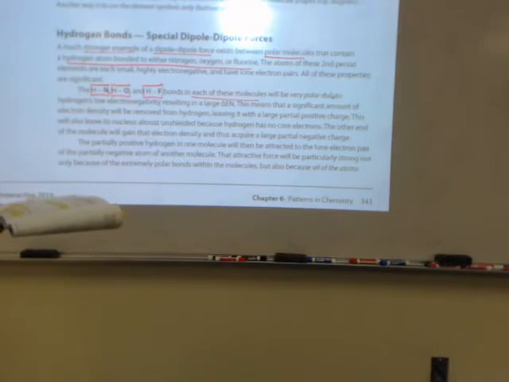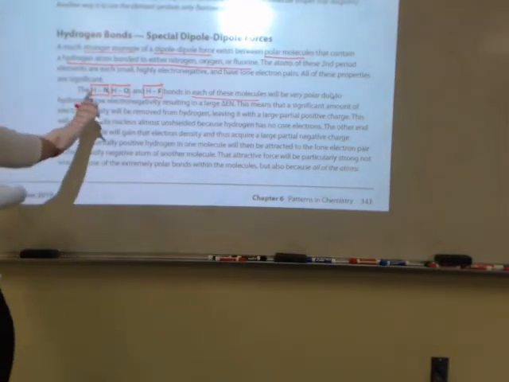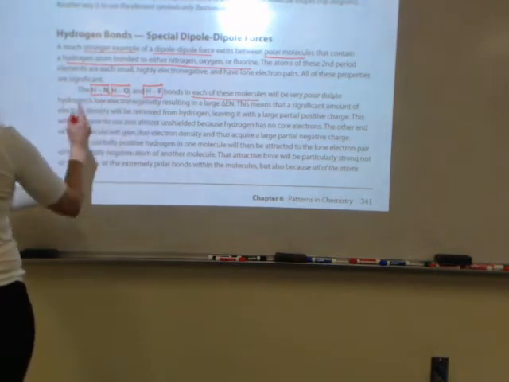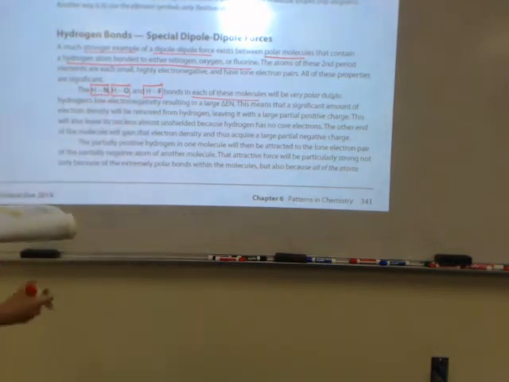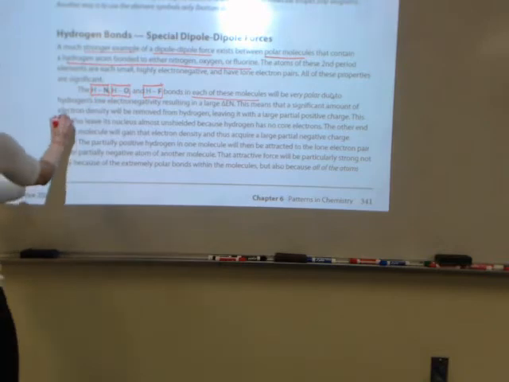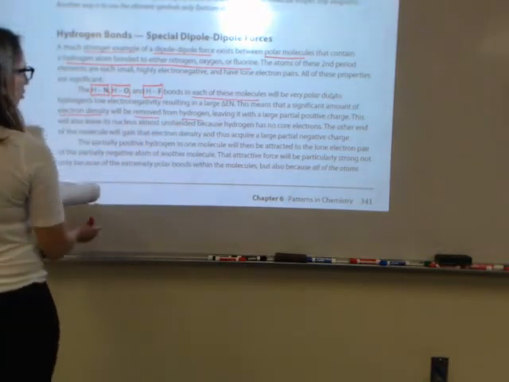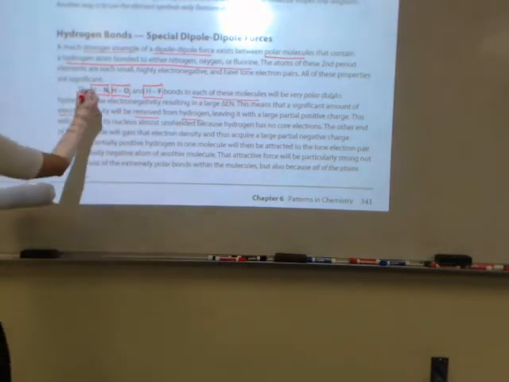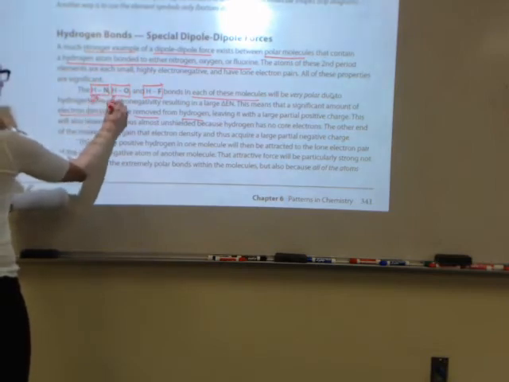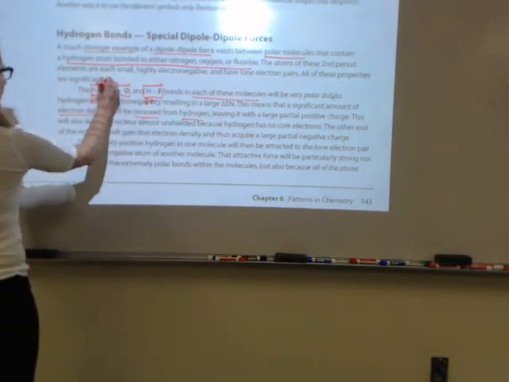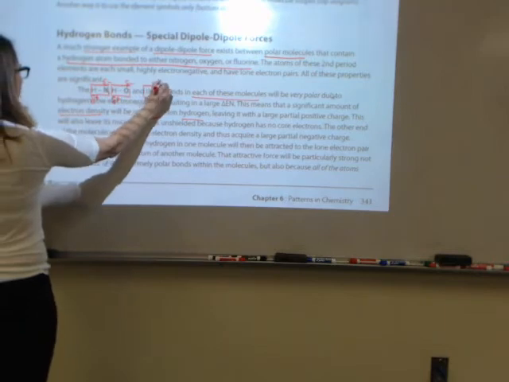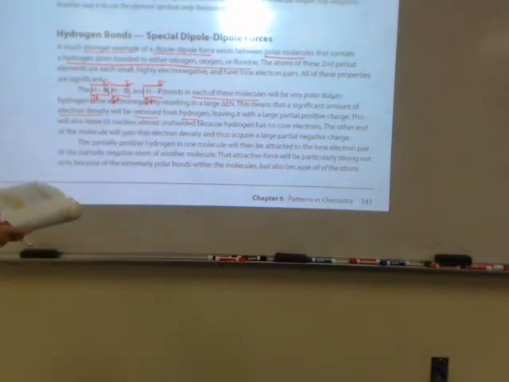And they're very polar because hydrogen has a low electronegativity, so you're going to have a huge difference in electronegativity between these two atoms. That means a lot of electron density is removed from hydrogen within the bond, which leaves this hydrogen with a partial positive charge, and you have a partial negative charge on the N, O, or F.